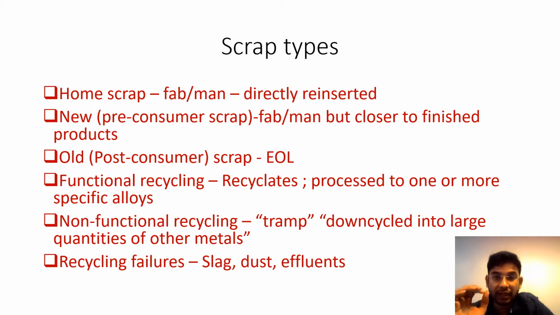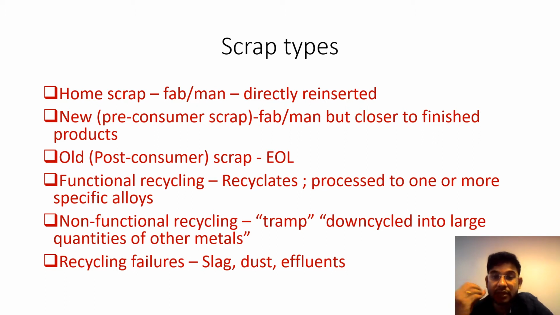You're taking the steel and you're trying to convert it back into steel. If you are lucky enough, you probably produce the same alloy that was in the waste. Sometimes it isn't possible. So what you do is that you alter the composition of the alloy and you produce a different type of alloy, but it's still specific. It's still steel in one form or the other. Okay, so that's functional recycling.